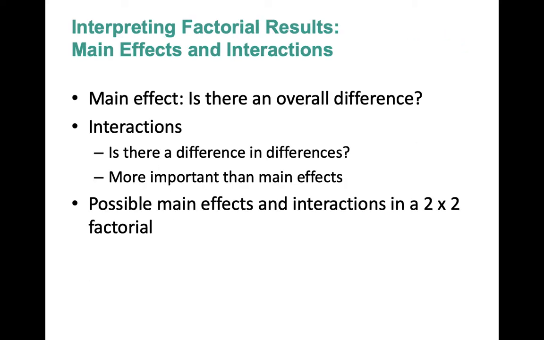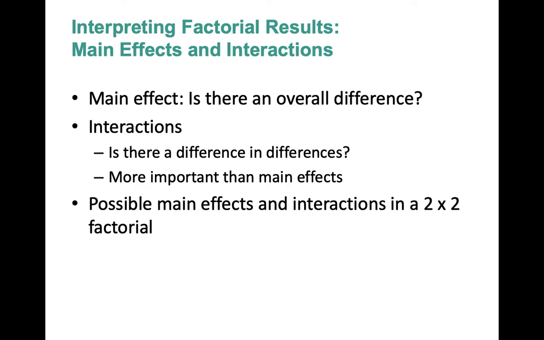All right, so when reading a research article, it's important to be able to pick out and interpret the results of factorial designs. A factorial design will have effects that are called main effects, and then of course we'll have an interaction, which is what we've been discussing.